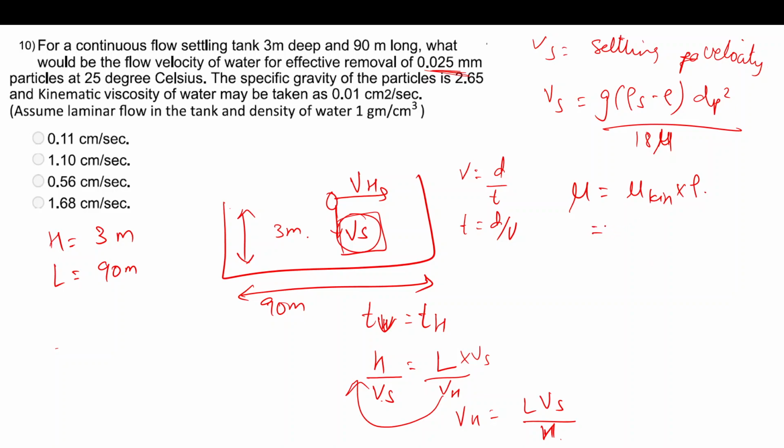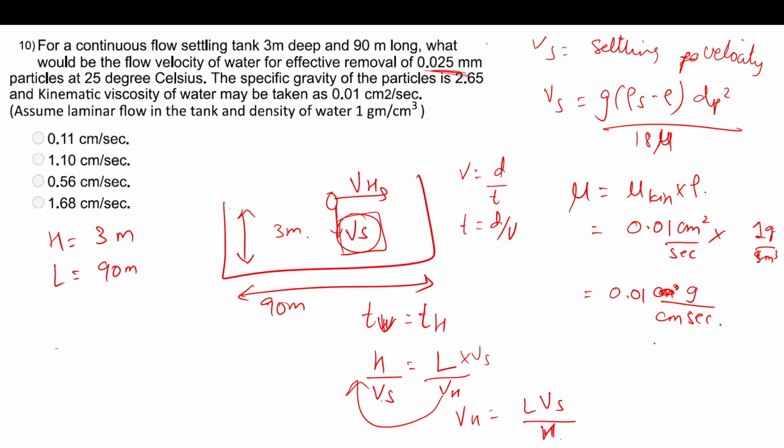If you multiply this, it will be 0.01 centimeter square per second times 1 gram per centimeter cube, so what remains is 0.01 gram per centimeter second.